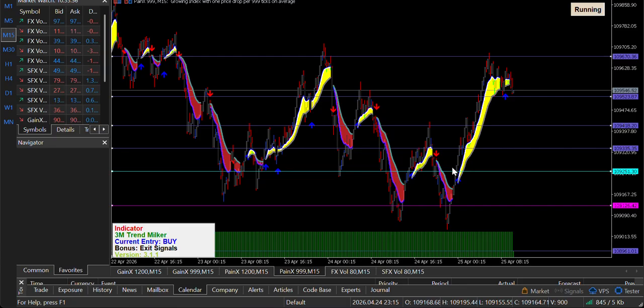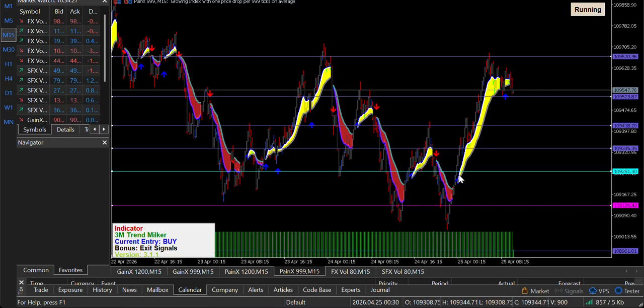For instance, right here, after getting an uptrend signal, that is changing from this red color to this yellow color, I had to wait for it to give me a good entry point. You can see this blue arrow around here. That is a buy signal. If it is a downtrend, after changing the color, I will have to wait for this red arrow to pop out, which will give me a sell signal.